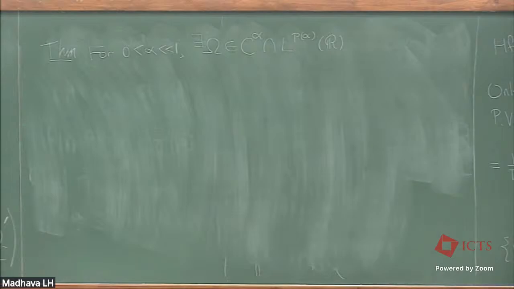But you see, in the profile equation, T star does not enter. What does it mean? By choosing initial data appropriately, the solution can blow up at any T star we want.